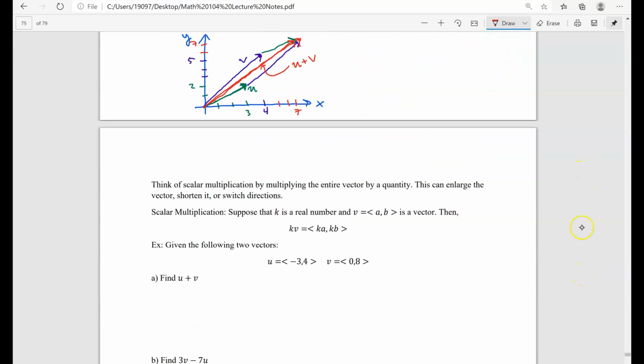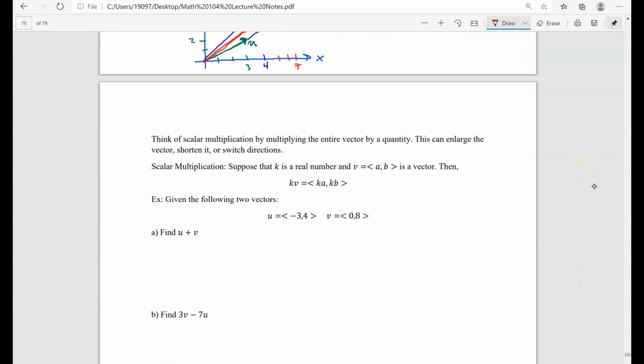When you think about scalar multiplication, we're talking about scalar multiplication, not vector multiplication. We're taking a number and multiplying it by the vector. So you're taking k, which is a real number, and multiplying it by a vector. Basically, you're either enlarging the vector, making it bigger, shortening the vector, or switching its direction. That makes sense, right?